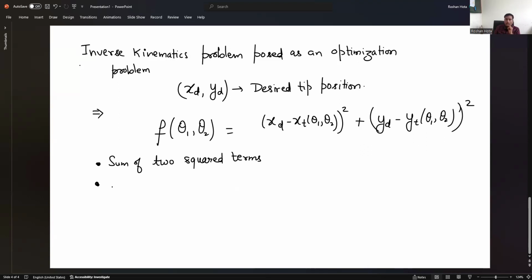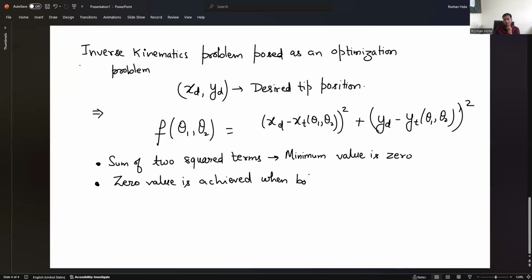That's the first thing. This also implies that the minimum value of this objective function is 0. And when does this objective function obtain the 0 value? The 0 value is achieved when both the terms are 0.